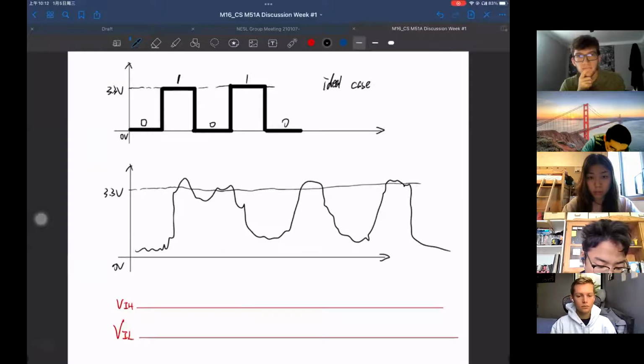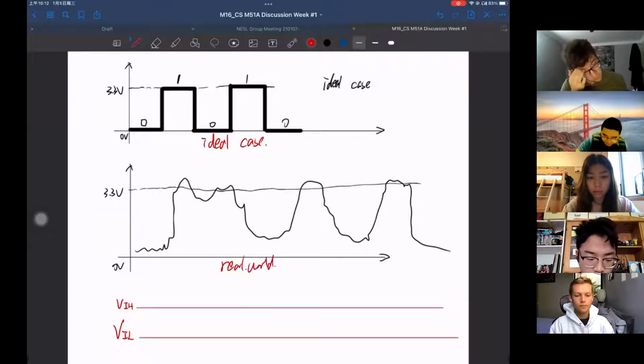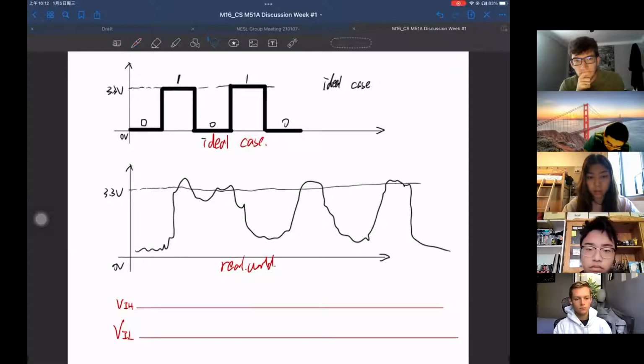So this is the ideal case, but this is the real world case where you have a very noisy signal, but our system should still be able to understand what is happening here, right? That's why we are setting thresholds. Let's say we are dealing with an input wire.